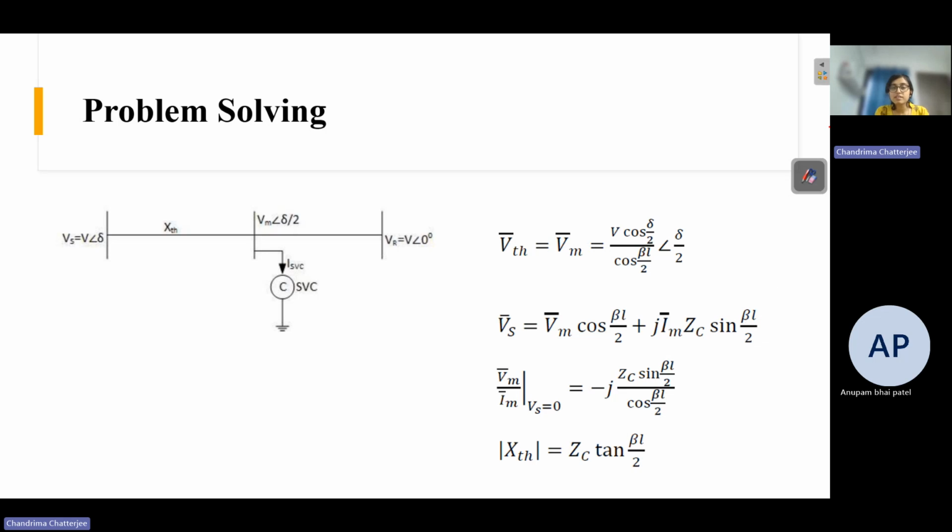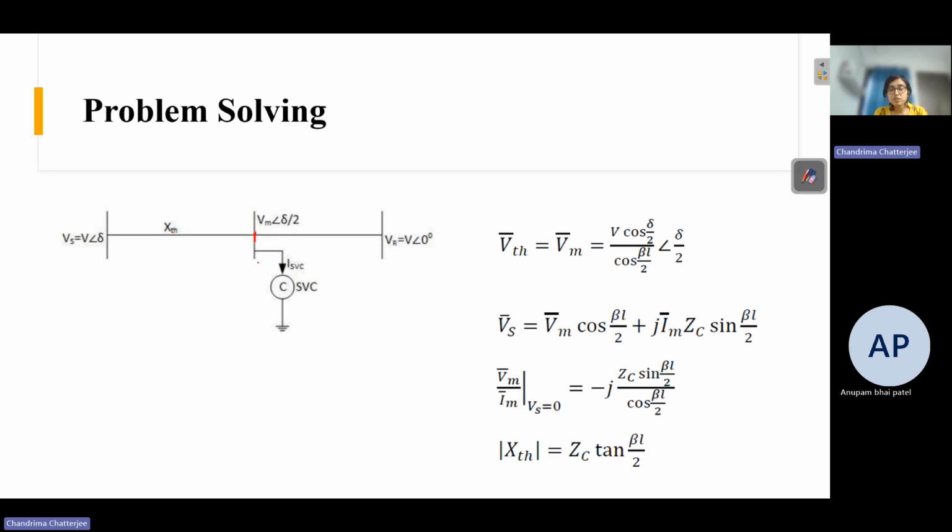We discussed that we need to vary the midpoint voltage Vm. We need to vary the voltage at this point to provide damping to the power system oscillation. Now, to do that, what will we do? We will vary this voltage.